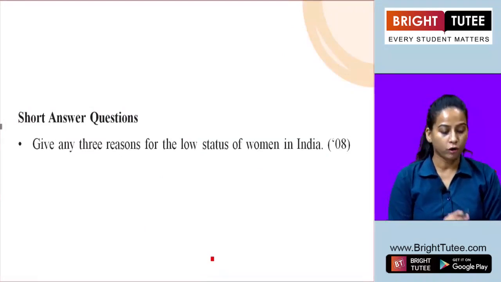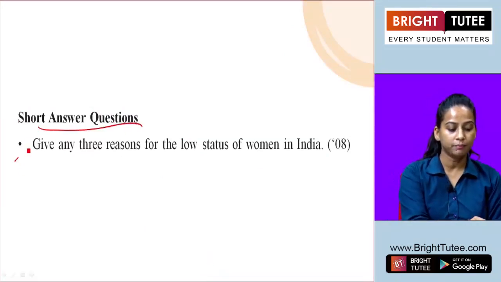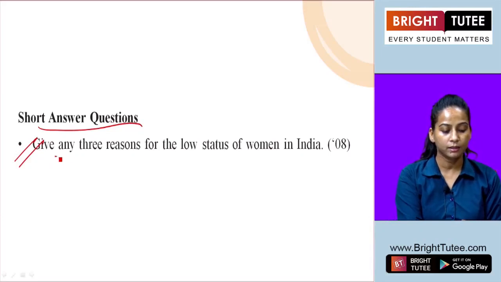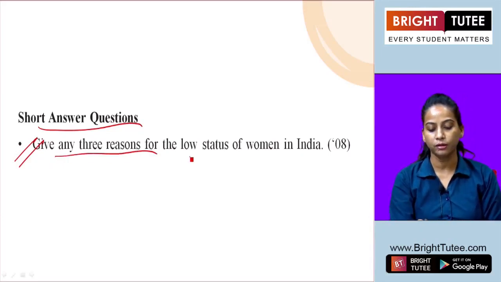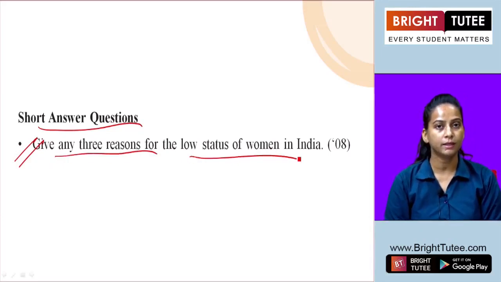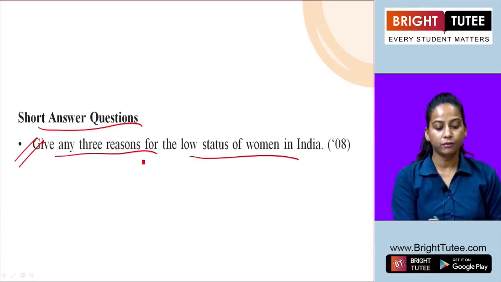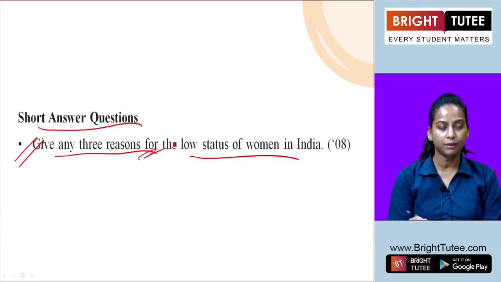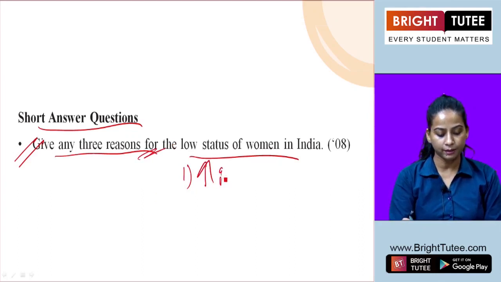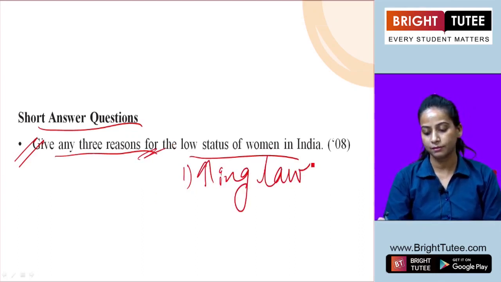The next short question answers are given here. Based on the same topic, they have asked, give any 3 reasons for low status of women in India. So, here we have to mention the different 3 reasons. The first we can mention that can be increasing lawlessness.